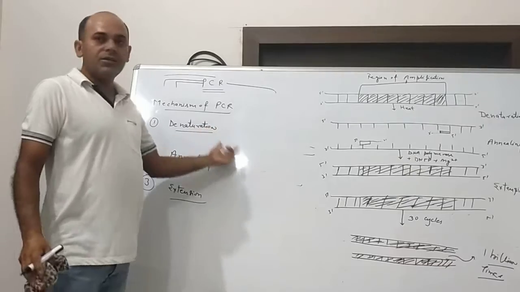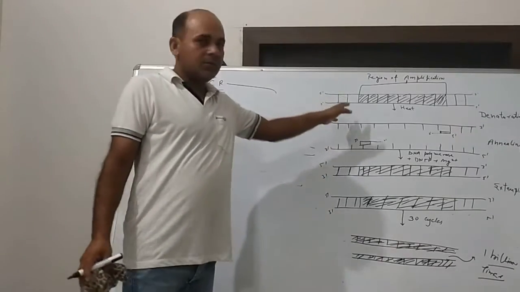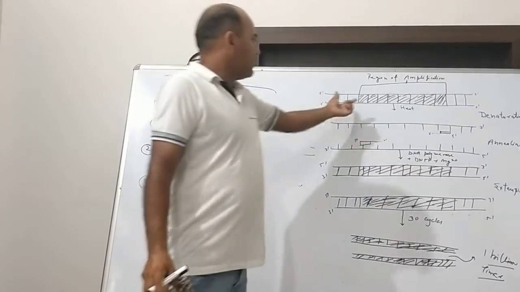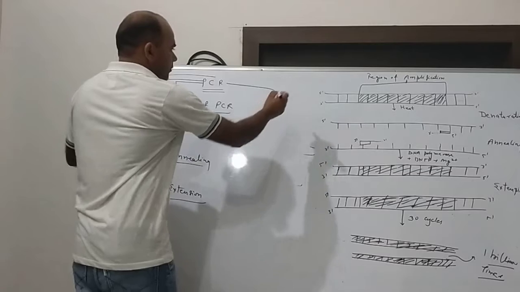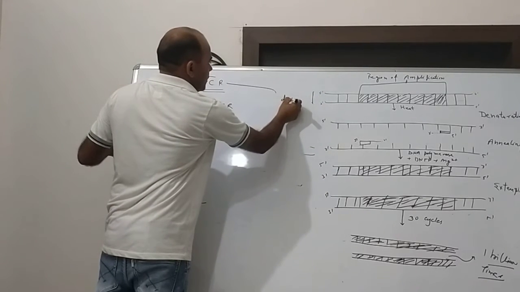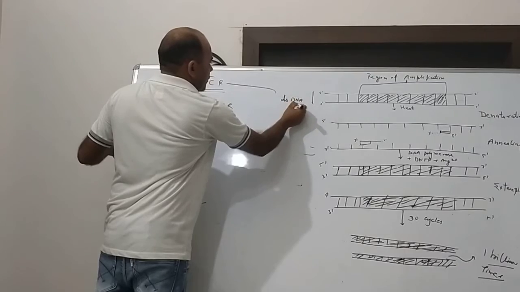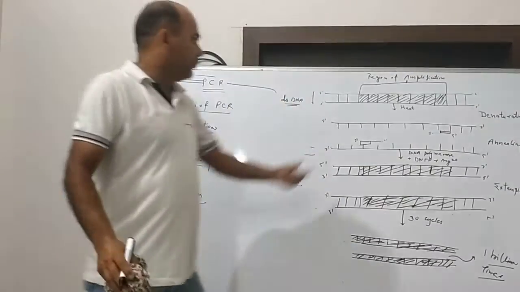Let me check what denaturation is. Look at the flow chart given here. The first step is called denaturation. This is double-stranded DNA. In shortcut, write dsDNA. What is the full form of ds? Double-stranded DNA. What is given?